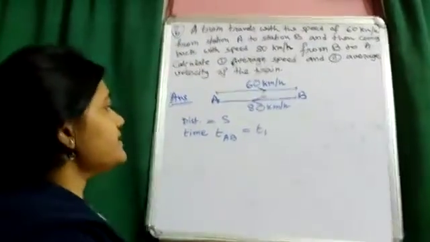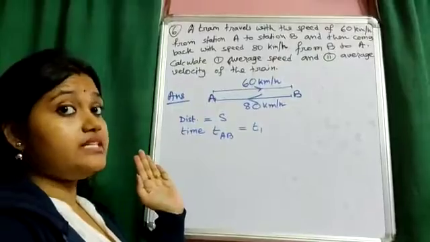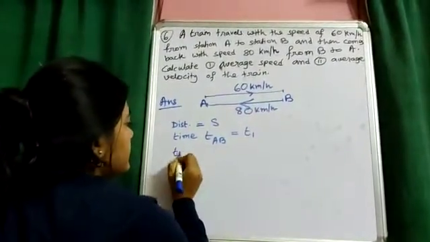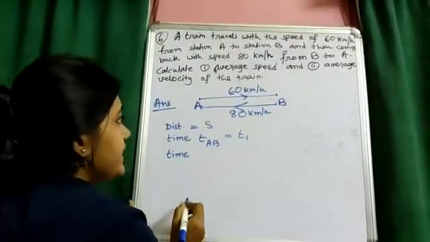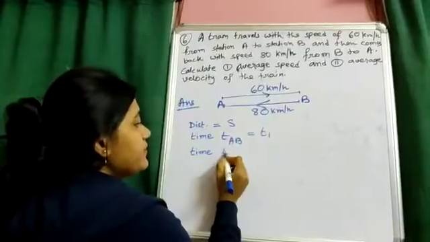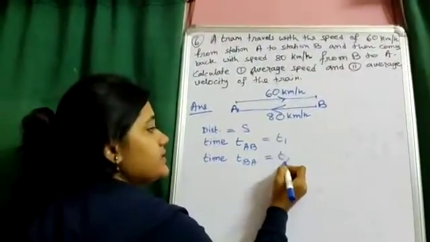And when it came back, the time taken to come back from B to A is T2.